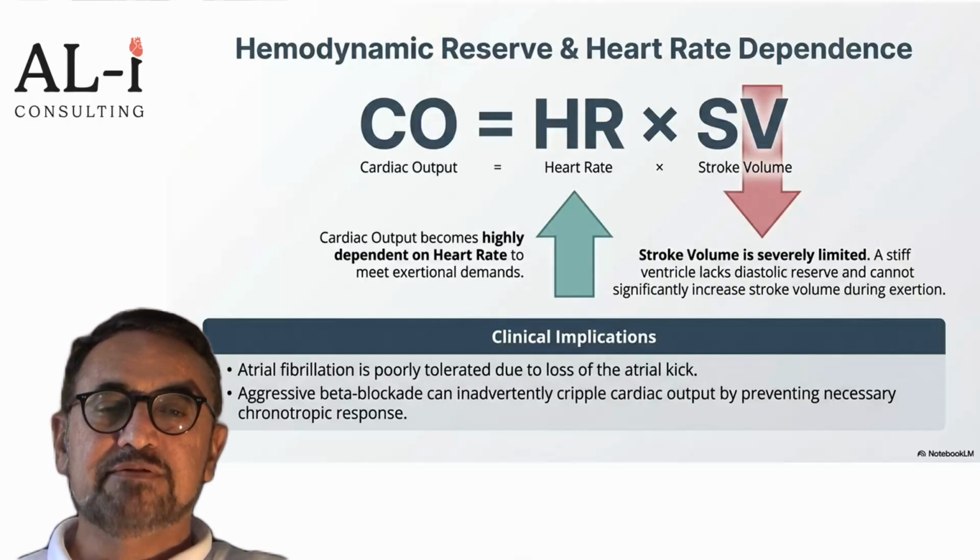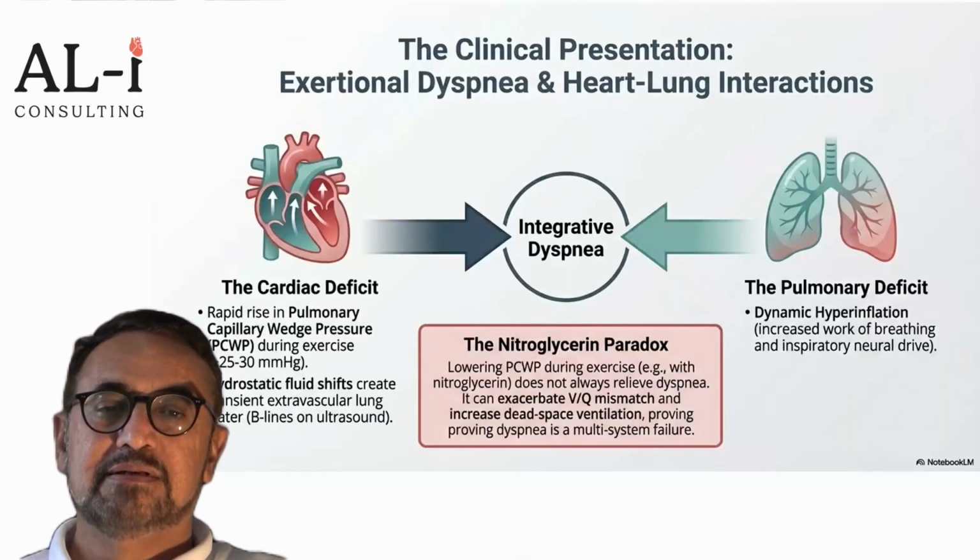So when you see a patient with preserved ejection fraction, dyspnea and fatigue, think beyond the resting echo. Ask whether their physiology is failing under stress because stroke volume is fixed and their heart rate response has been blunted or rendered ineffective.